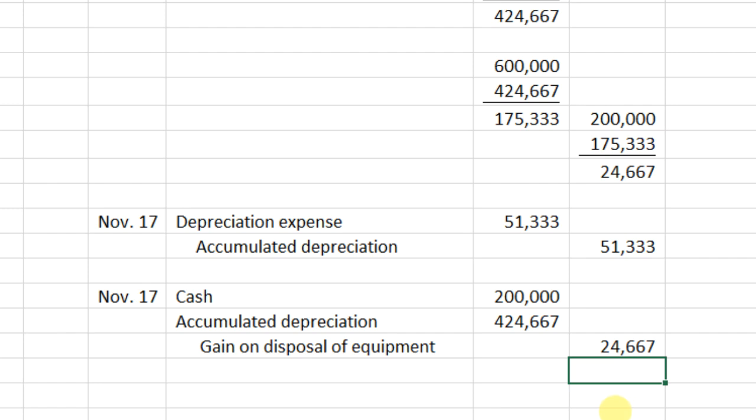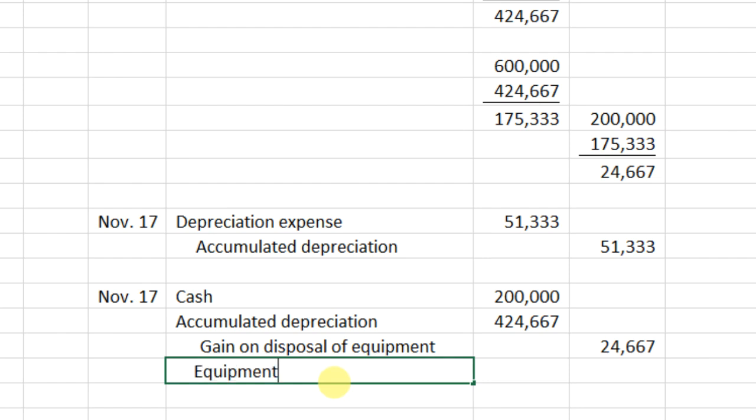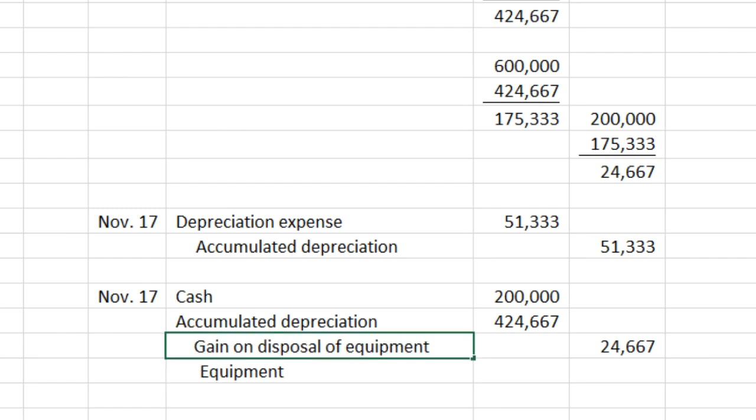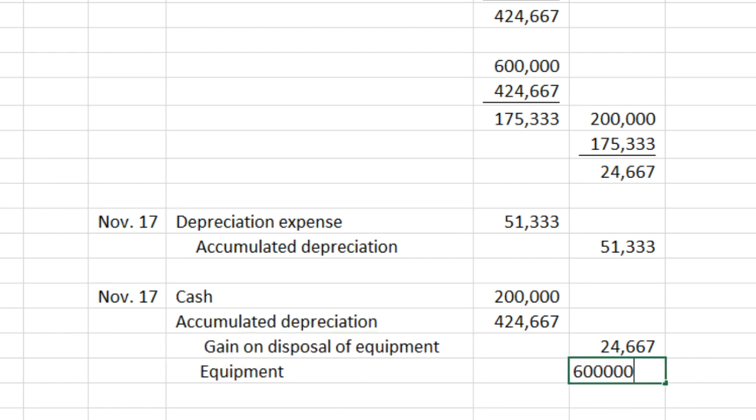And you've got a way better chance of getting this right if you go through each step rather than just hoping to plug in the right number. Okay, so the last part, of course, is we don't have our equipment anymore, so we need to actually get rid of the equipment. Anyway, the equipment historical cost, $600,000.